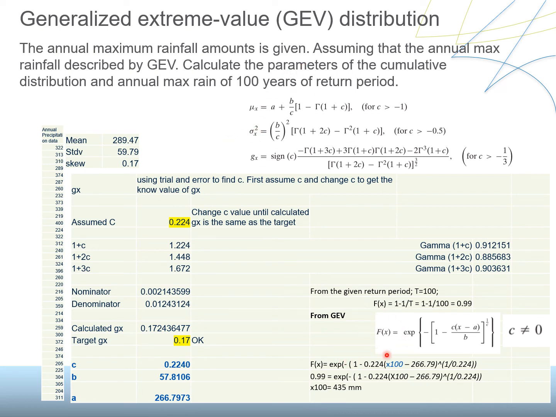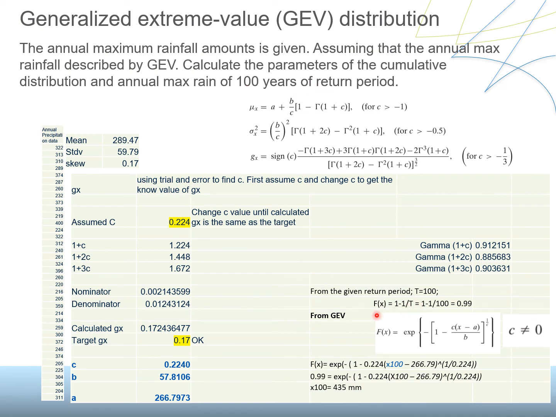Now, the generalized extreme value distribution is F(x) equals e to the power minus 1. You have this equation, right? And you substitute the values of c, a, and b, and you get that equation. Now, to calculate the annual maximum rain of 100 years return period, we want to find out the rainfall which may exceed the 100-year return period.